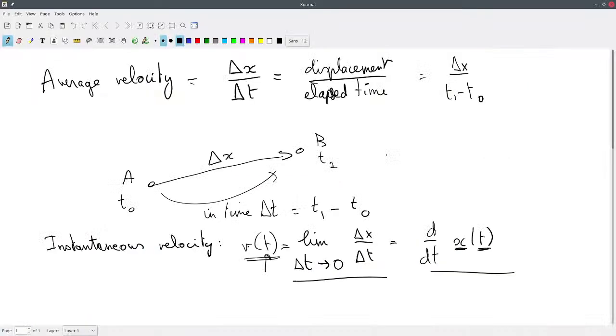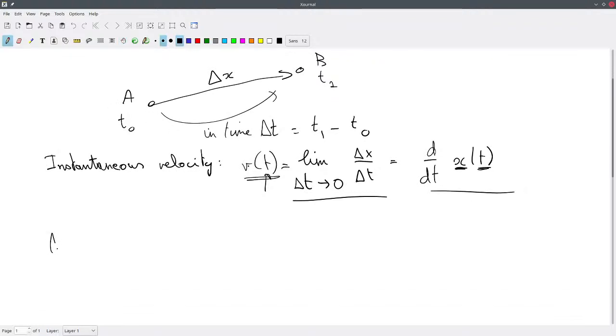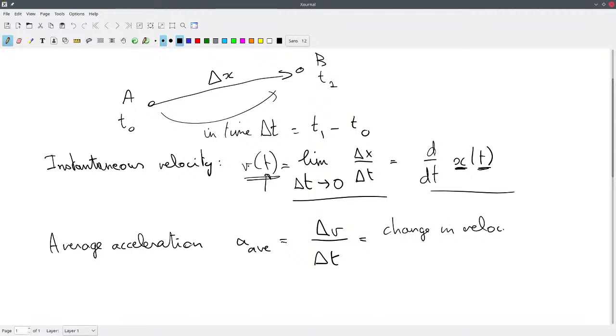If we look back at average velocity, it's the displacement over elapsed time. Now average acceleration, which we'll call a average, is the change in velocity over elapsed time.